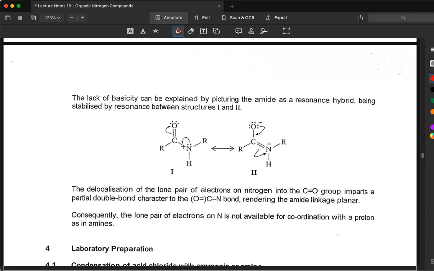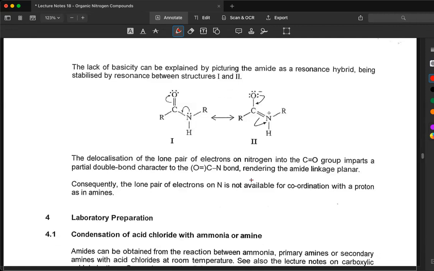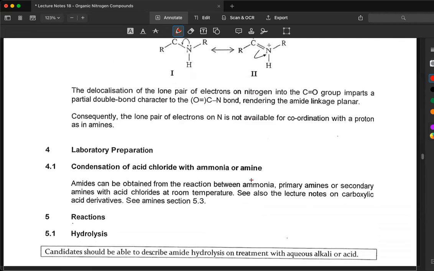So it renders the amide linkage planar, like here. Consequently, the lone pair of electrons on N will not be available to coordinate with a proton as in amine.